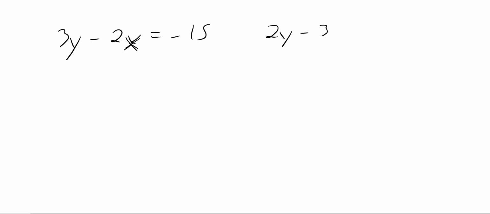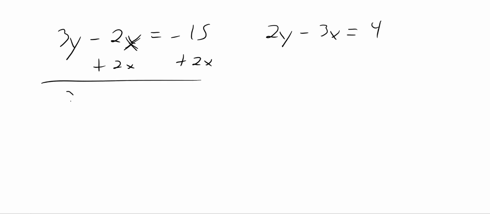How about 3y minus 2x equals negative 15, and then 2y minus 3x equals 4. Okay, solve for y. So you're going to add 2x to both sides, so you get 3y is equal to 2x minus 15.